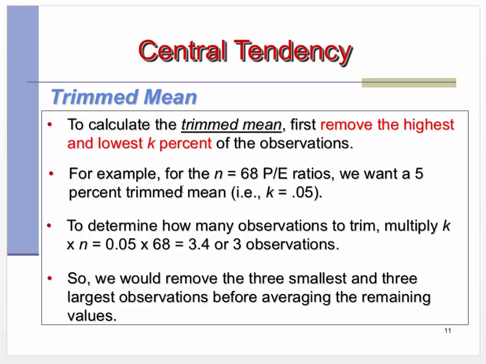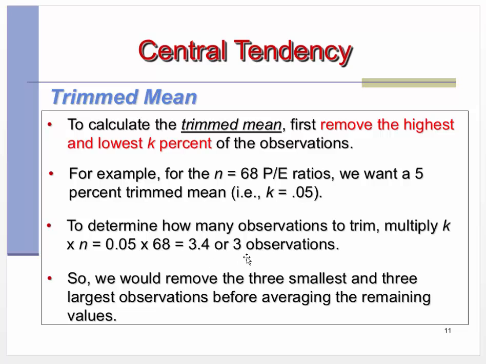For example, for the n equals 68 PE ratios, if you want to have a 5% trimmed mean, that is k is 0.05, that's 5%. Then we need first to determine how many observations need to be trimmed. We multiply k times n, the total number, 0.05 times 68, which gives us 3.4.